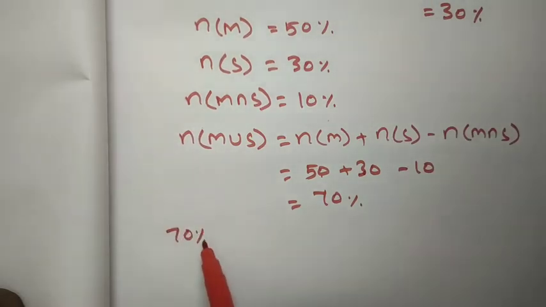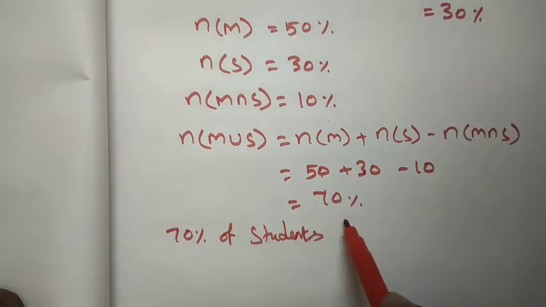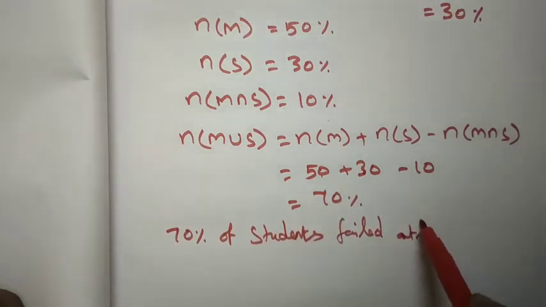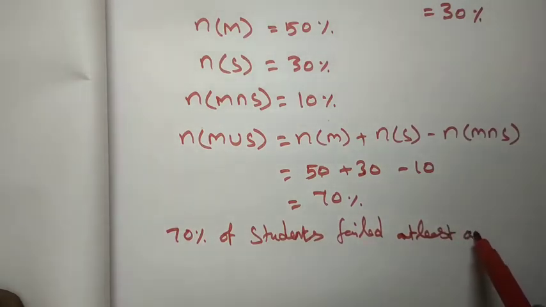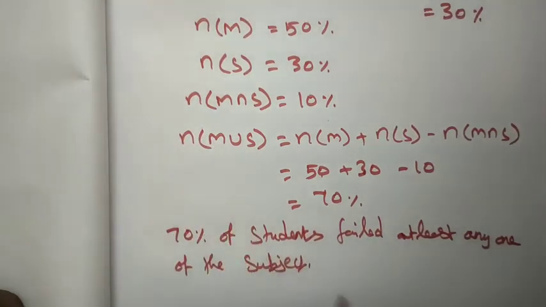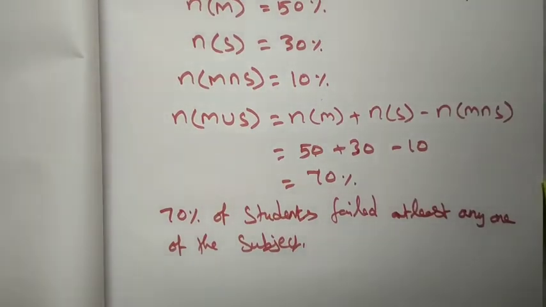So 70% of students failed in at least any one of the subjects. Union means that is both, all together, that is any one of the subjects.